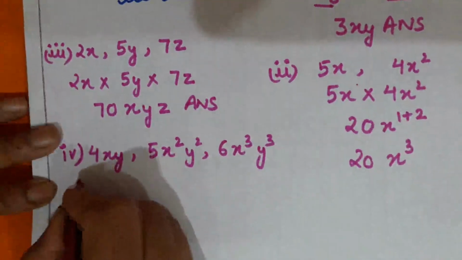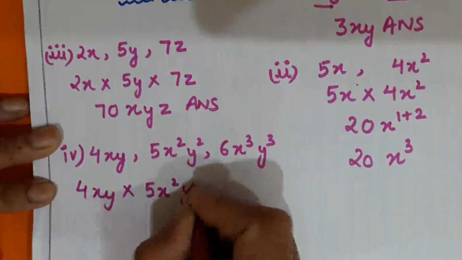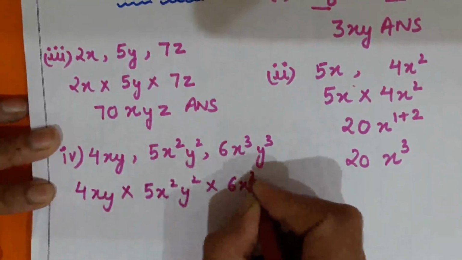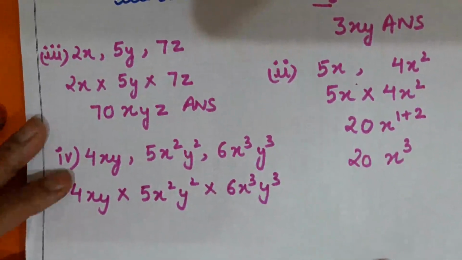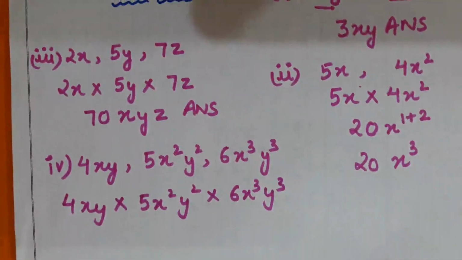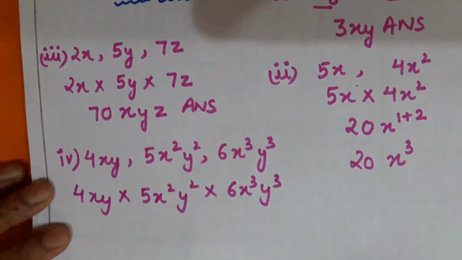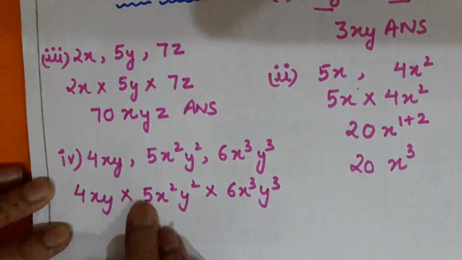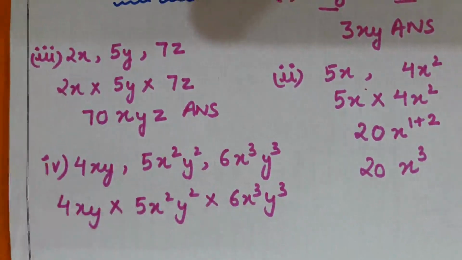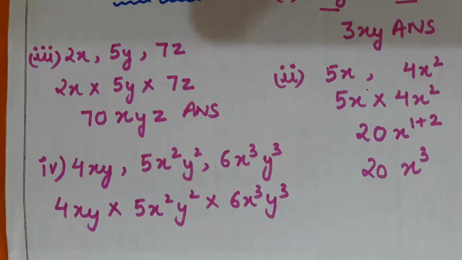Let's multiply 4xy by 5x square y square by 6x cube y cube. Numbers multiply with each other, and in multiplication the powers of the same variable add. 4 into 5 is 20, 20 into 6 gives you 120.